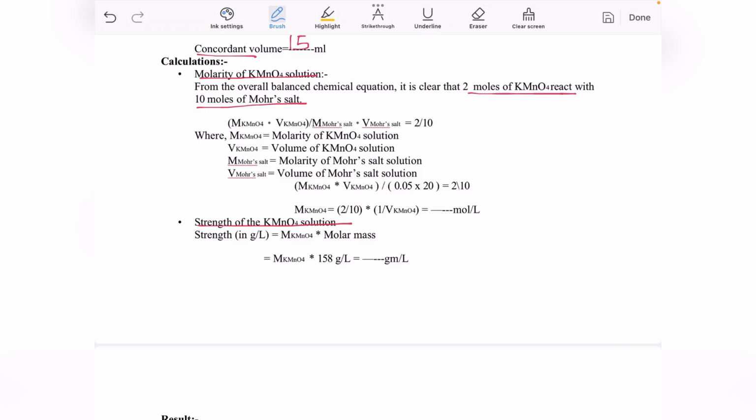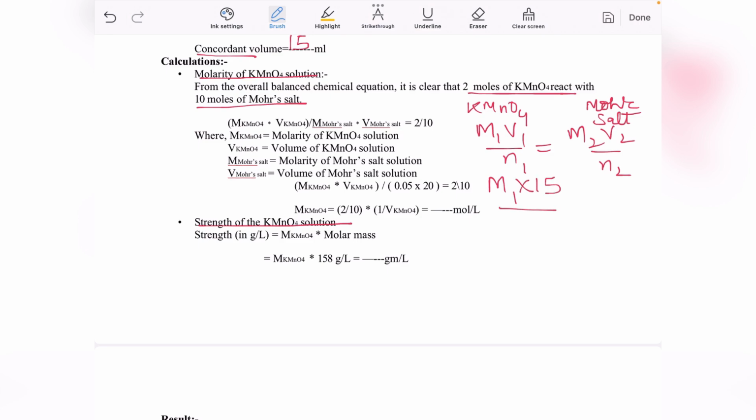So for this purpose, we use the molarity equation for potassium permanganate and Mohr salt: M1V1 upon N1 equal to M2V2 upon N2. Molarity we have to calculate. Volume 15 I have taken. How many moles? 2 moles. Molarity of Mohr salt 1/20. Volume of Mohr salt 1/20 and the number of moles 10. And after calculation we get 0.01 mole per liter.